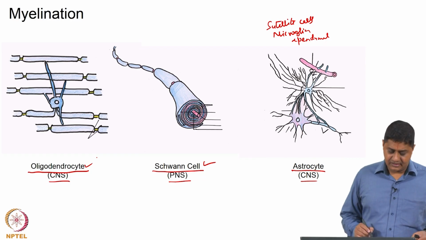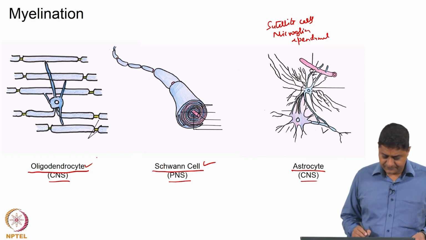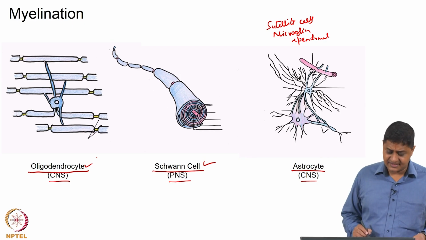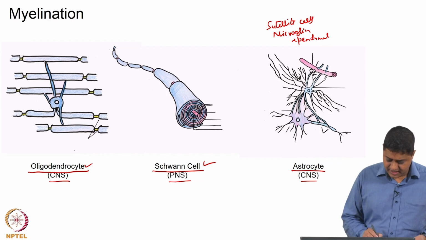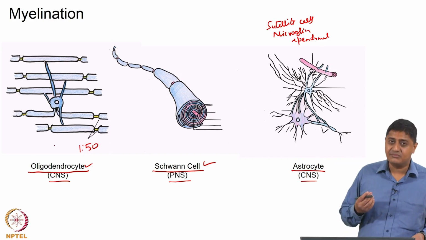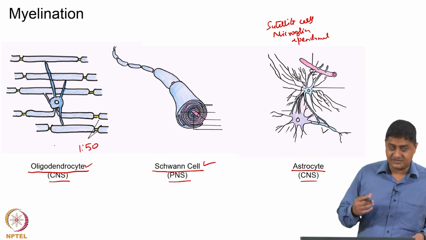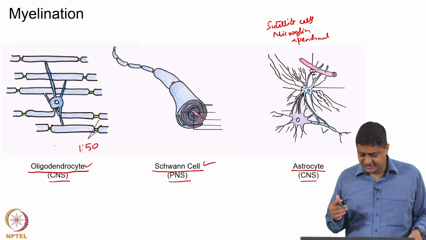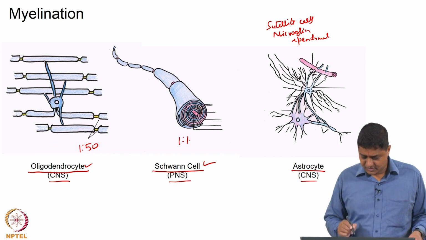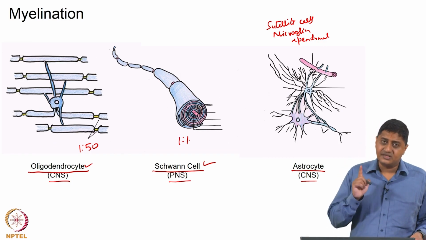It turns out that oligodendrocytes are myelinating cells in the central nervous system. Each oligodendrocyte can myelinate up to 50 axons, 1:50. A smaller number of glial cells can actually myelinate multiple axons in the central nervous system. This is an efficient arrangement. Whereas in the peripheral nervous system, you have Schwann cells, where one Schwann cell myelinates basically one axon.